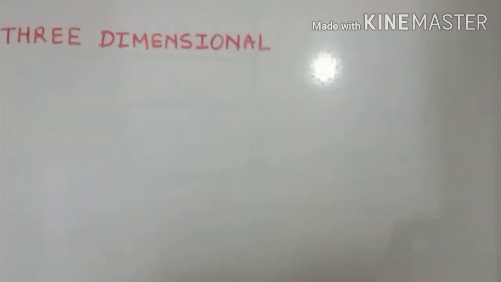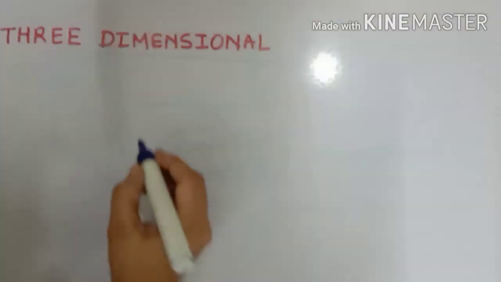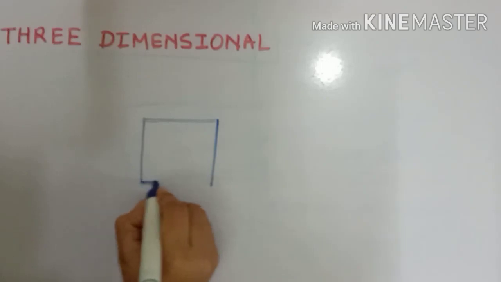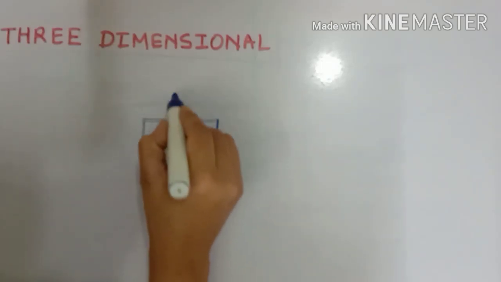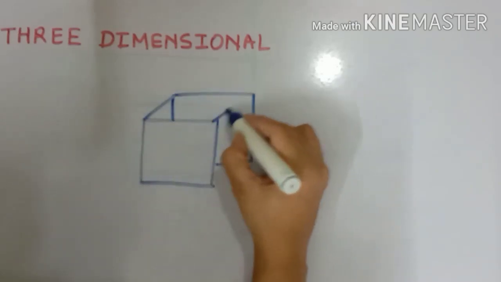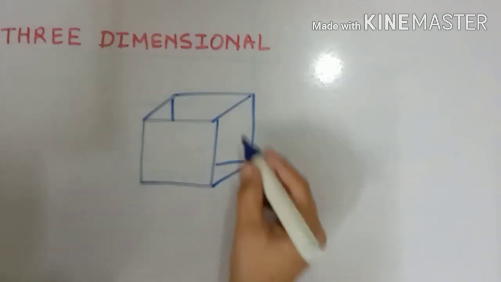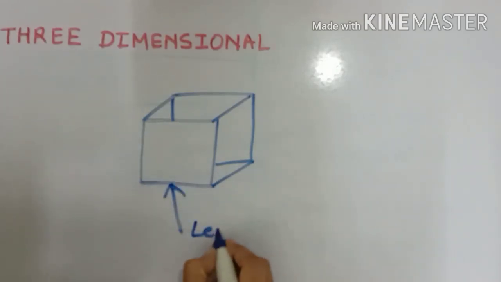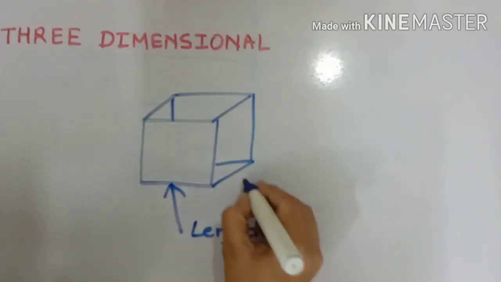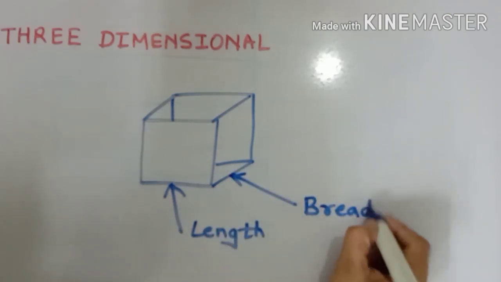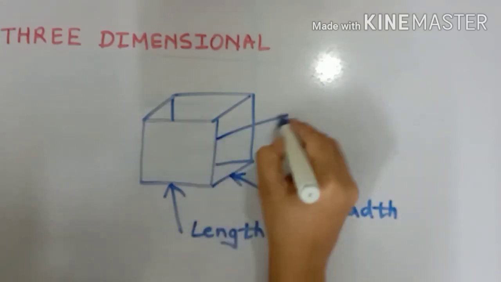Students, three-dimensional, that means an object having three dimensions, such as, here I am drawing a cube. This cube is having length, breadth, and height.